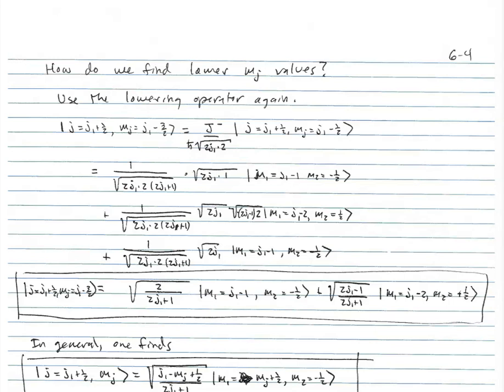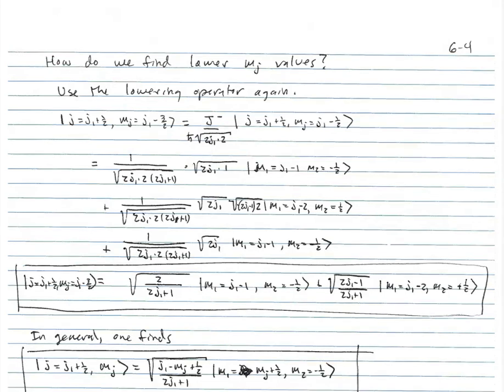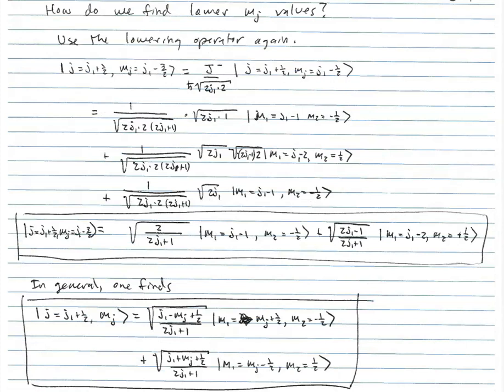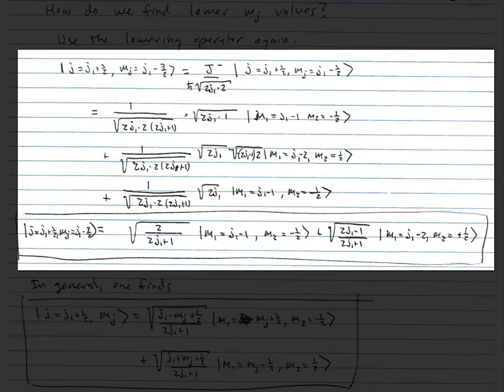Those factors change. But what you find in general after you work that out, and I'll let you just carefully go through, I'm going to just move the page up just a smidge. When you carefully go through and work it out for that case with j1 minus 3 halves, you just apply the j minus and you divide by the coefficient that you know you're going to get when you apply the j minus, which is 2j1 times 2.